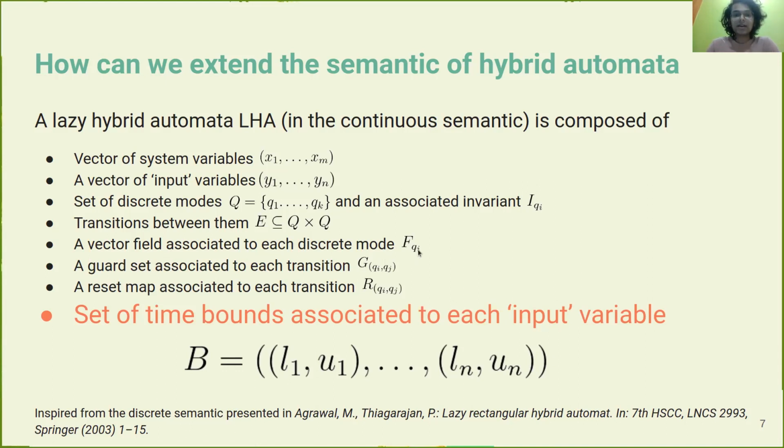That is, the differential equations do not guide the evolution of these system variables, but they evolve in some other systems, and they only appear to us as inputs. And now what we add is a set of time bounds associated to each input variable. Now these time bounds represent the delays associated to each of these input variables, the observation delays.